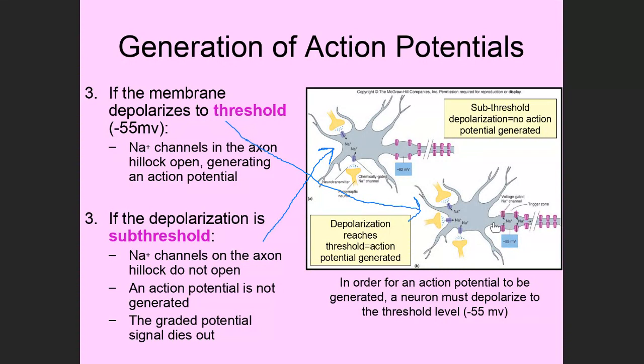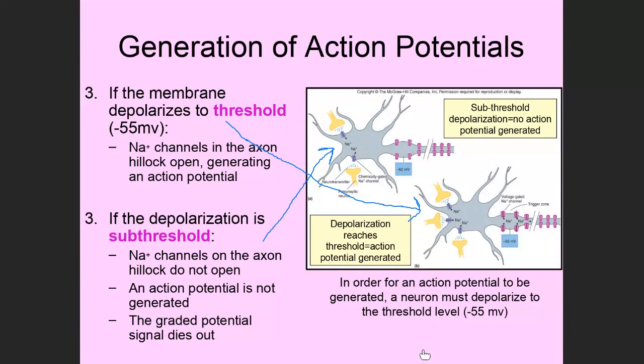When this area depolarizes, it causes the sodium channels in the initial segment of the axon to open, which depolarizes that, which causes the next area of the axon to have sodium channels open, which depolarizes that area. And you get this wave of depolarization that travels down the axon away from the neuron.